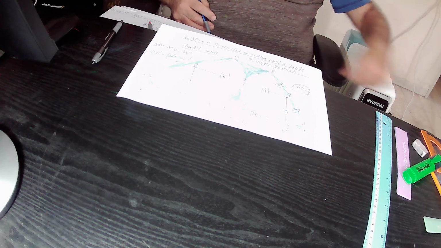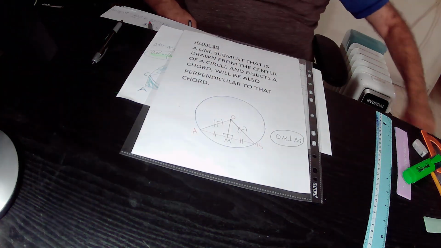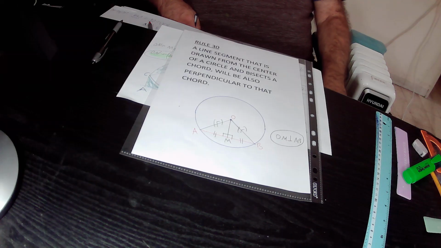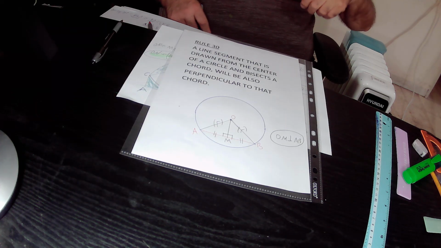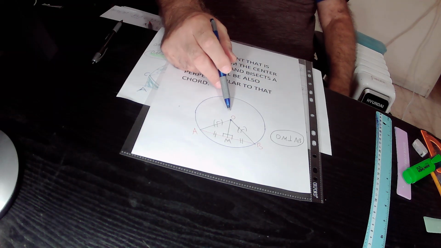So you can implement rule 30 here. Let me repeat rule 30 quickly. According to rule 30, a line segment that is drawn from the center of a circle and bisects a chord will also be perpendicular to that chord. In the drawing, we have a circle. This is point O, the center of this circle.